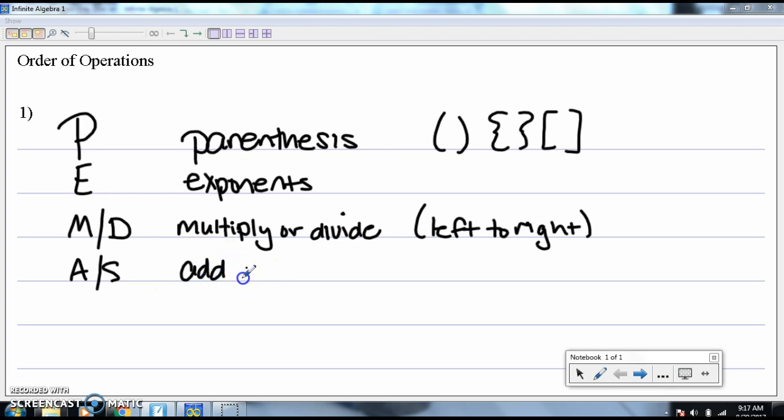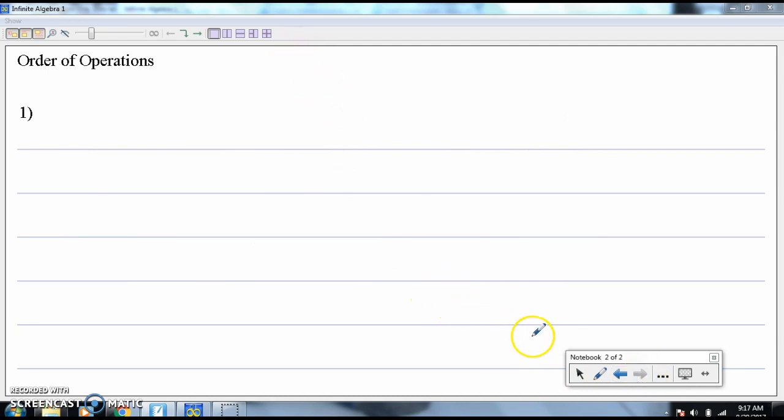You're going to add or subtract, working your way across from left to right. Okay? So we're going to use this to solve or simplify or evaluate several problems. Okay, so I'm going to write this across the top of the screen because we want to keep that there.